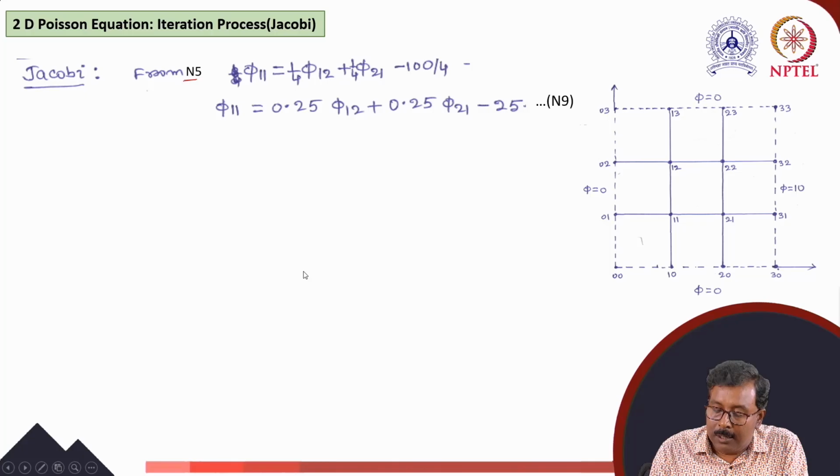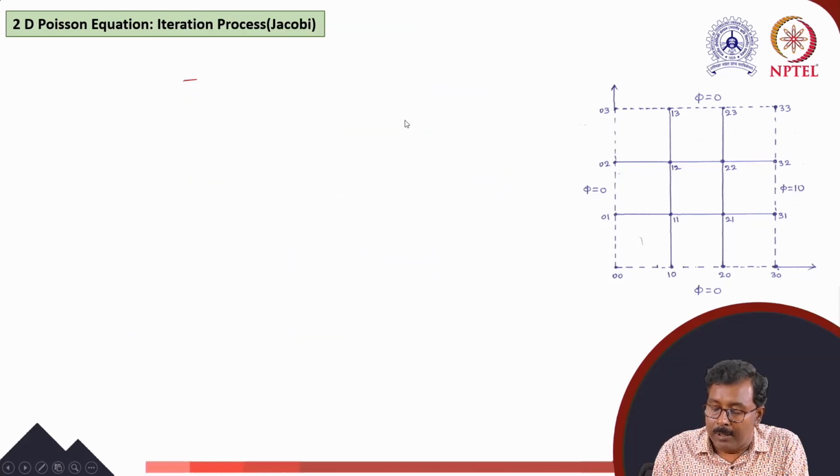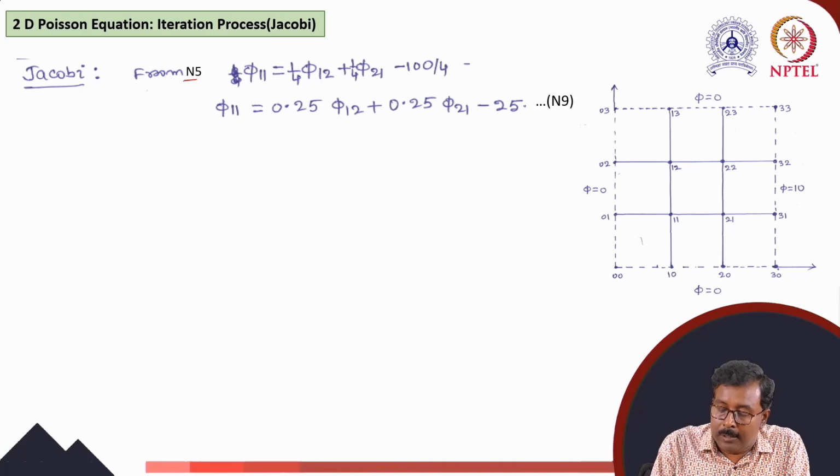From the last page, if you calculate phi 1 1, it will be phi 1 2 plus phi 2 1 minus 100, whole divided by 4. So here you find phi 1 1 in terms of other node values, because this equation started from node 1 1.